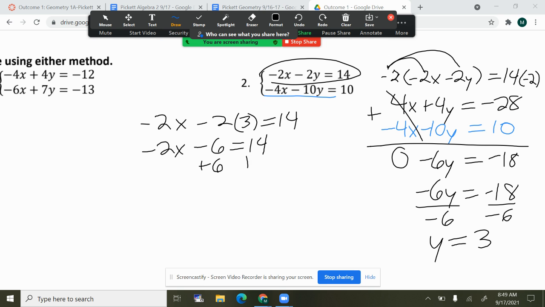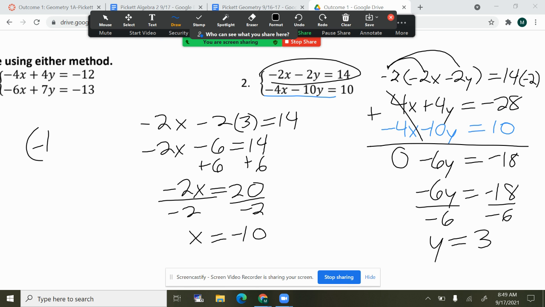Add 6 to both sides, and we'll get negative 2x is equal to 20. Divide both sides by negative 2, and we get x is equal to negative 10. So my answer is negative 10, comma 3. It's always x, comma y.